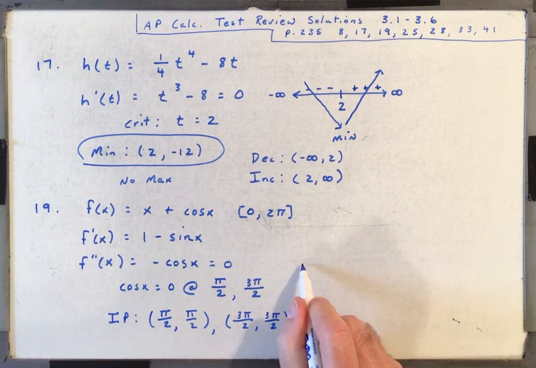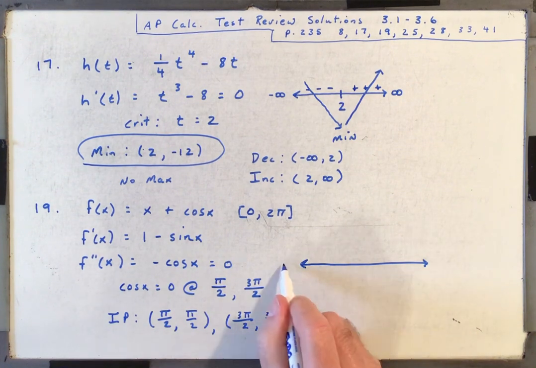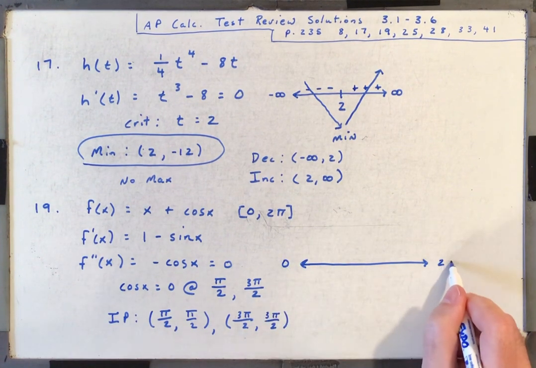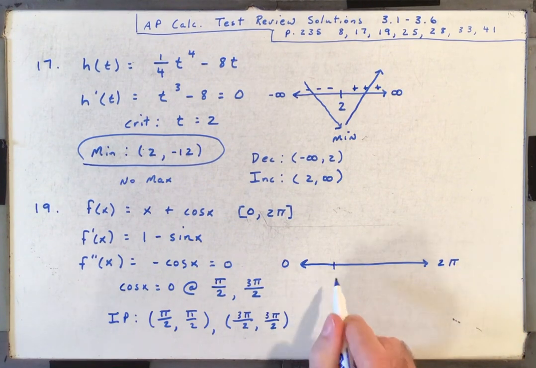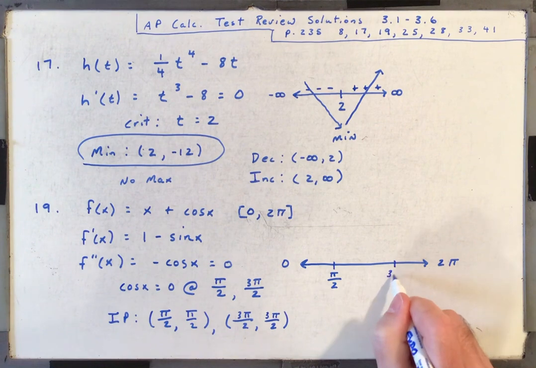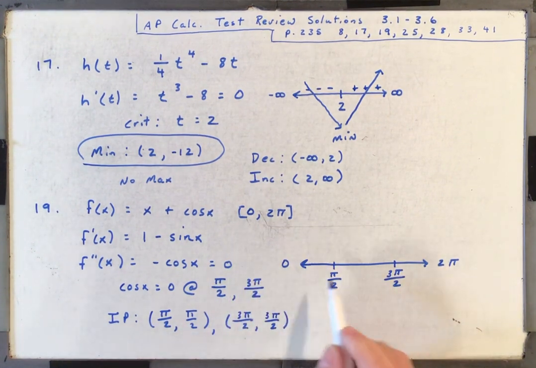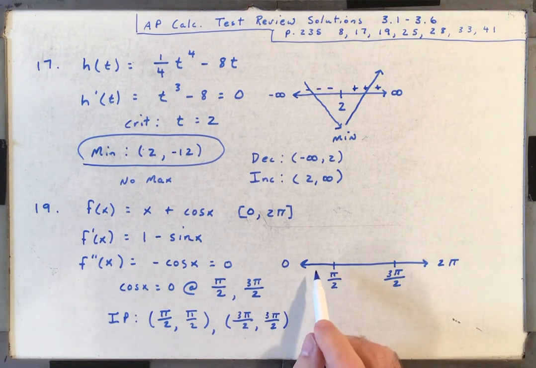Just for practice sake, let's go ahead and find the concave up and concave down intervals here. So we've got 0, 2 pi, pi over 2, 3 pi over 2. All right, so 0 is part of the interval. I can actually go ahead and plug that in.